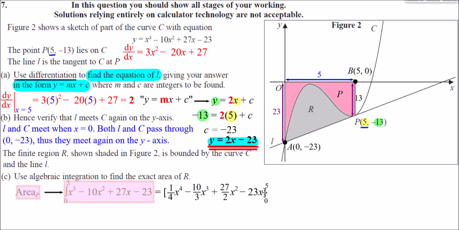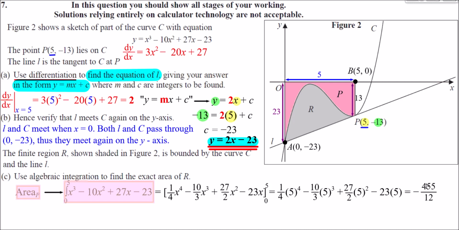So substituting in 5 for x gives us this. So the area of P, we're going to have a quarter, 5 to the power 4, minus 10 over 3, 5 to the power 3, plus 27 over 2, 5 squared, minus 23 times 5. And that should give you an area of minus 455 over 12.